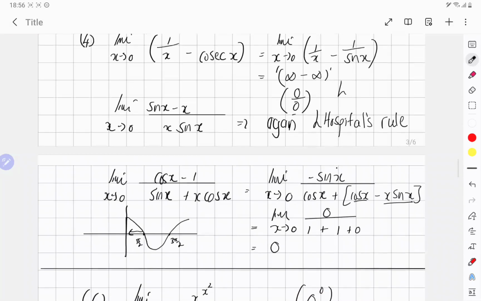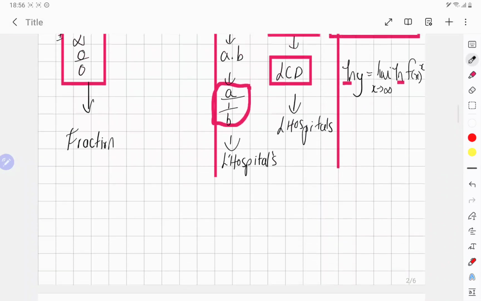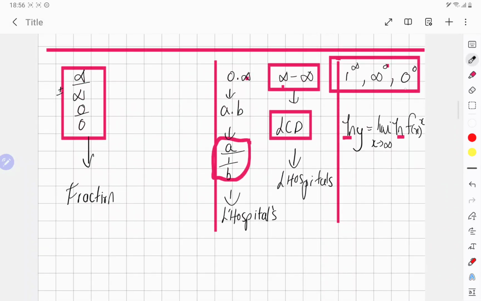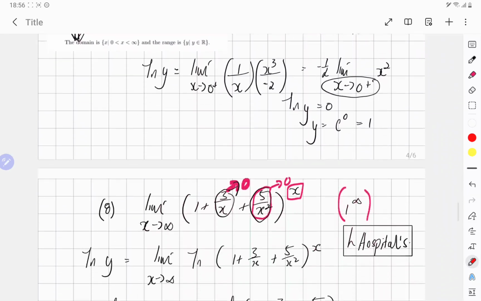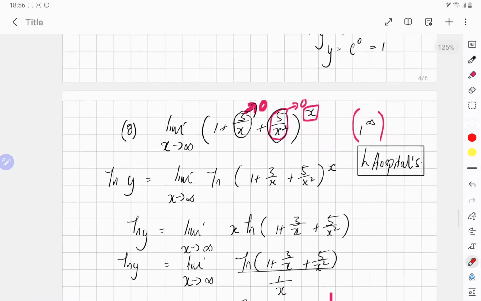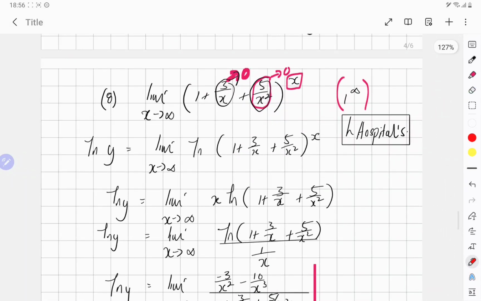But since, let's go back, since it is one of our very important exponential indeterminate forms, 1 to the power of infinity, we will do the following.